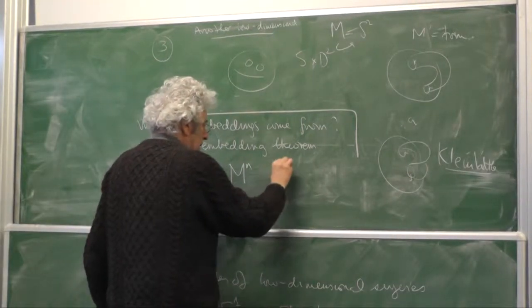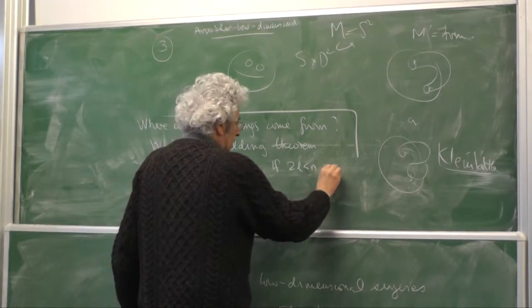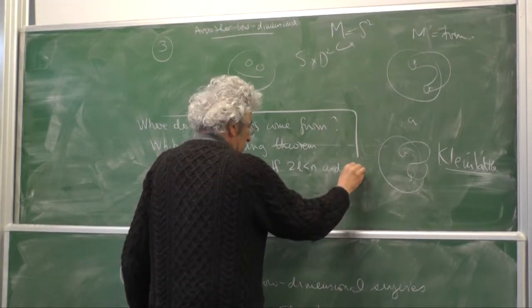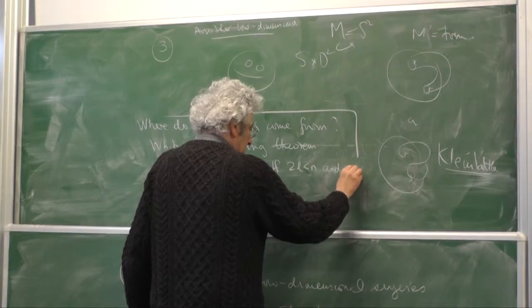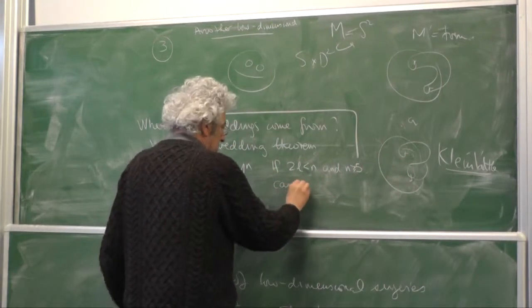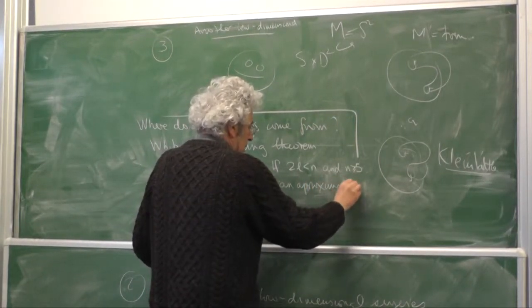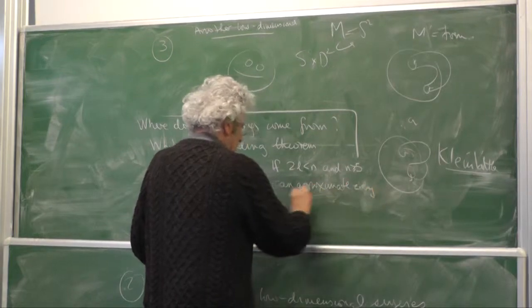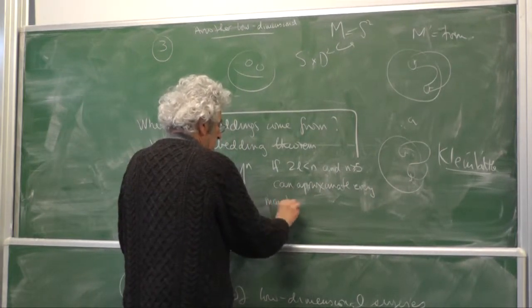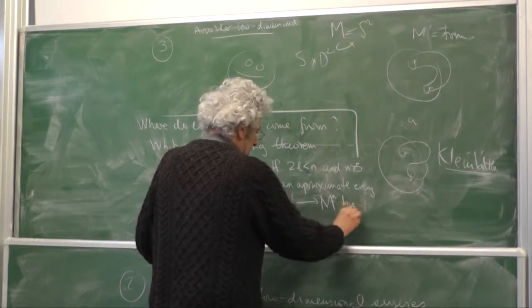If 2L is less than N, and N is greater than or equal to 5, I think that's correct, you can approximate every map by an embedding.